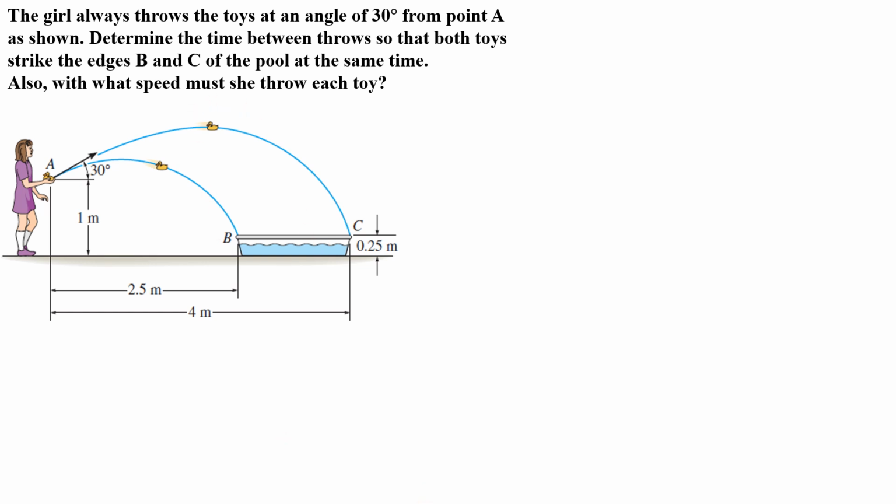Now to start with this problem, I can use the constant acceleration equations from kinematics. So I have y minus y naught equal the initial velocity in the y direction times the time, minus half g t squared.